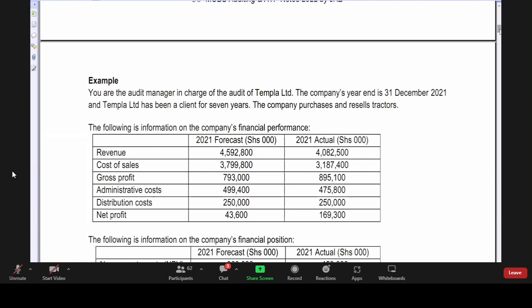And also key to note is that Templar has been a client for 7 years. That creates some independence issues. When you audit a client for a long period of time, it creates some familiarity threats.